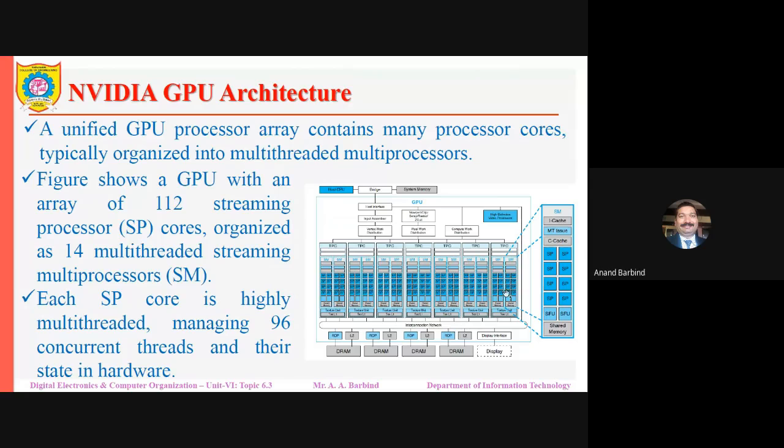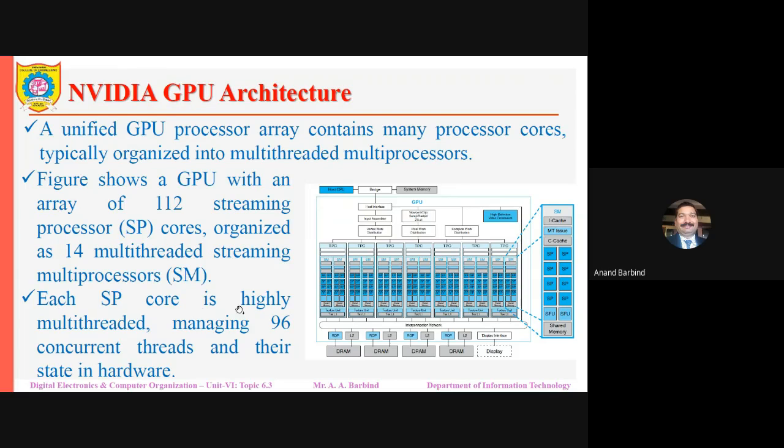These SPs, the streaming processors, are organized as 14 multi-threaded streaming multiprocessors, SM. So one core is a streaming multiprocessor.